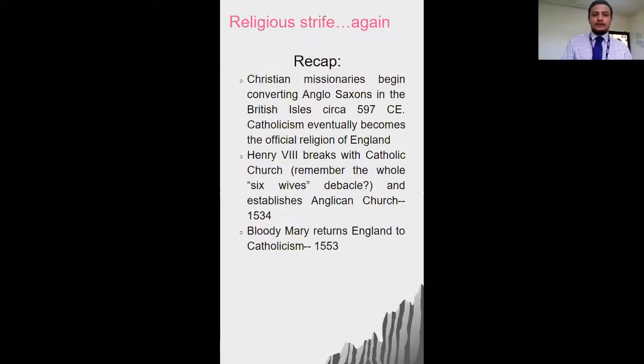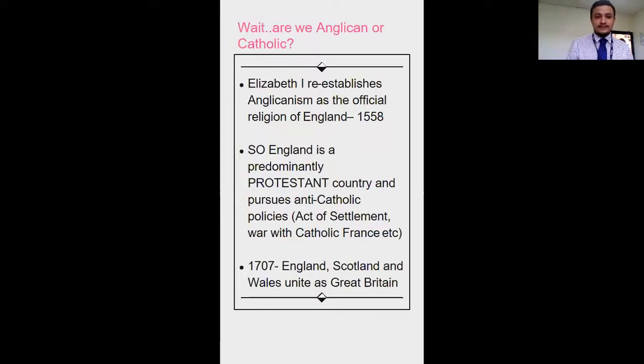I don't want you to get confused, but England actually moved from paganism, or different tribes with very variable religious practices, and then moved to Christianity, and then to Anglicanism, and then back to Catholicism with Bloody Mary, but then back to Anglicanism with Elizabeth I. So you have in 1707, England, Scotland, and Wales unite as Great Britain.